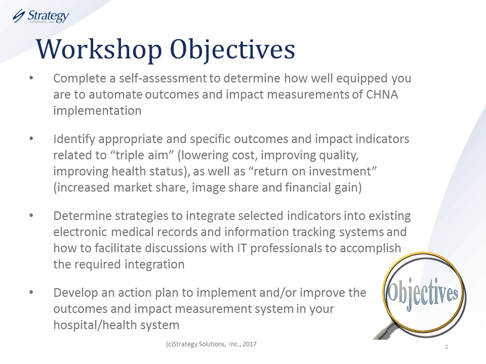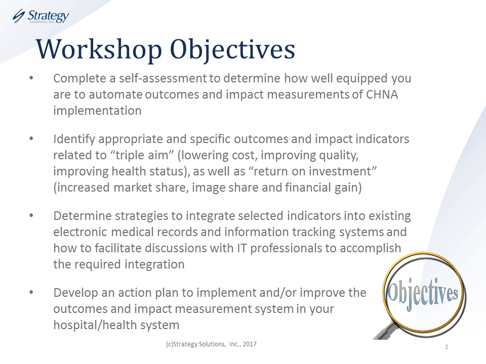It's a printable document that you can actually do your assessment yourself on how ready you are to automate some of these things. It also gives you the opportunity to identify appropriate and specific outcomes and impact indicators related to the triple aim.